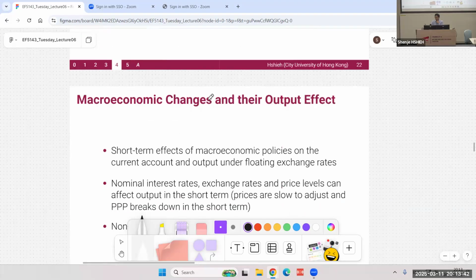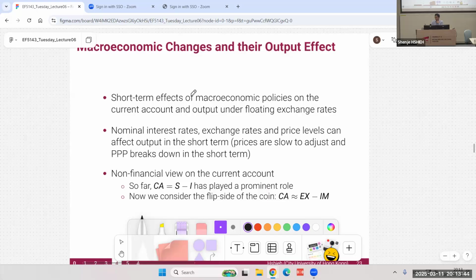All right. So let me give you a brief summary again. We're focusing on the commodity side of the equations. When we think about the short term, we're going to think about sticky prices, right?